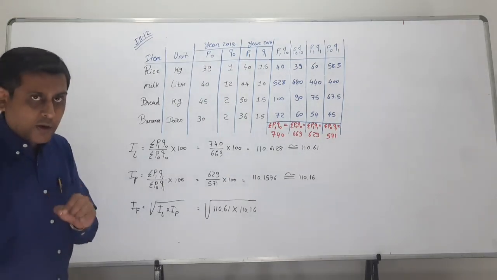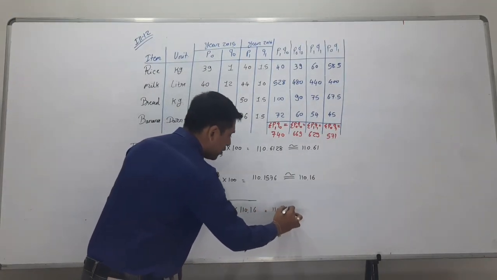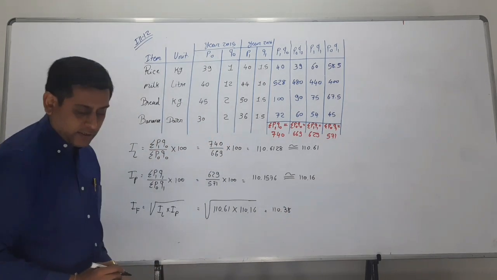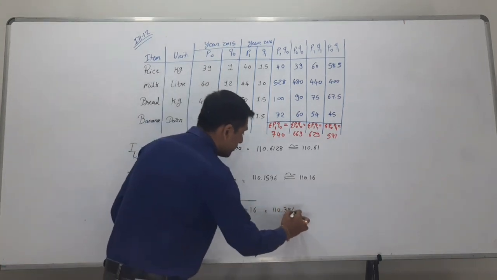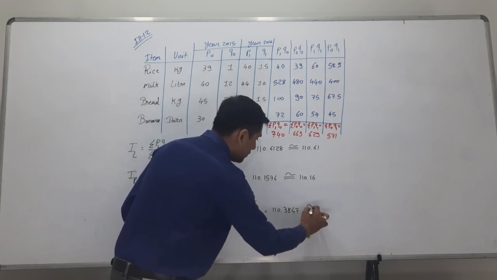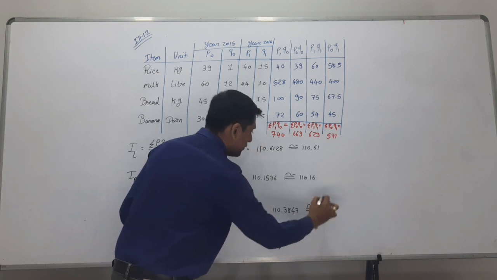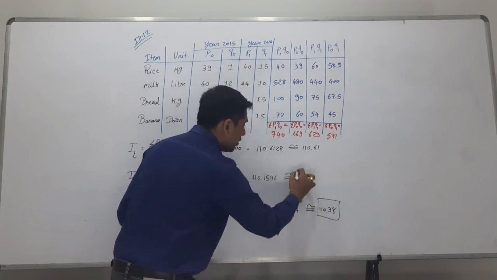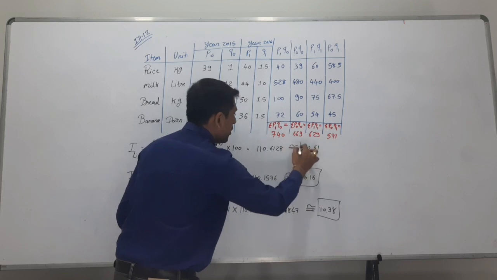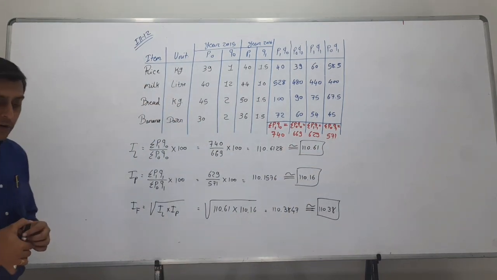That is 110.3876, 3847. So your exact answer is 110.38. This is your Fisher, this is your Paasche, and this is your Laspeyres index number.